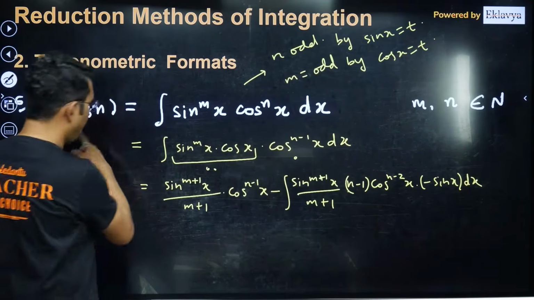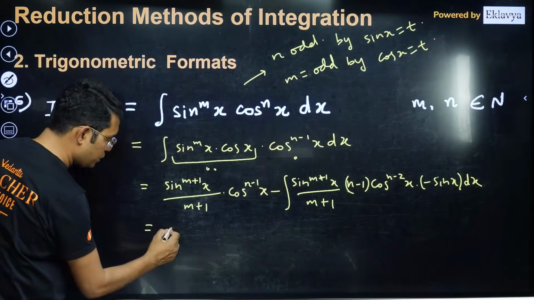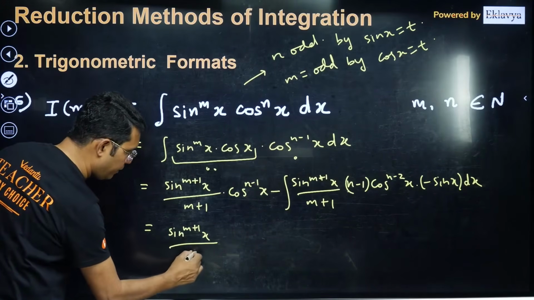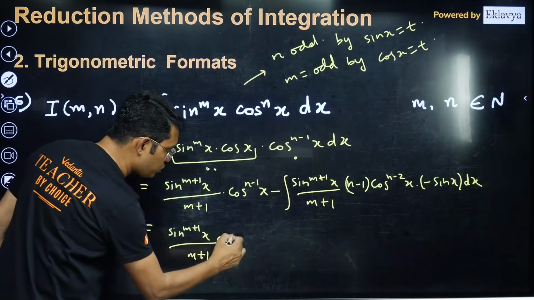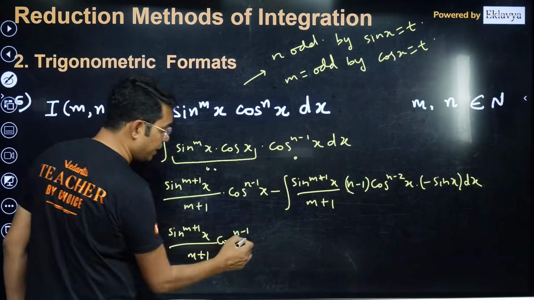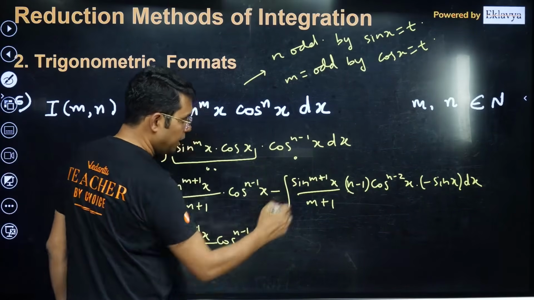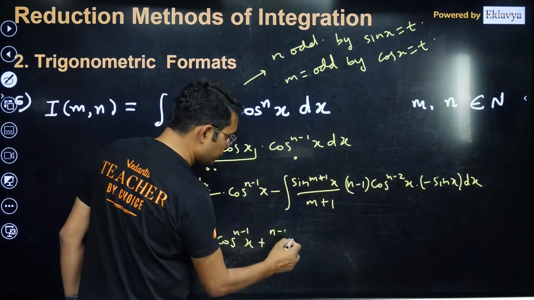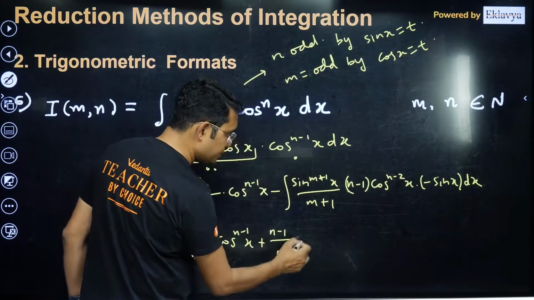So this I m comma n has become sine raised to the power m plus 1 x upon m plus 1 into cos power n minus 1 x, plus, making minus minus plus, n minus 1 upon m plus 1.